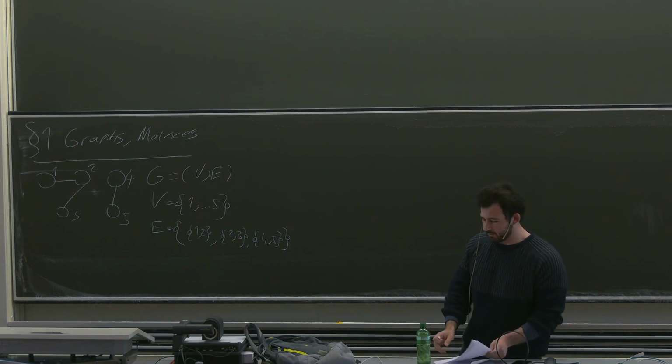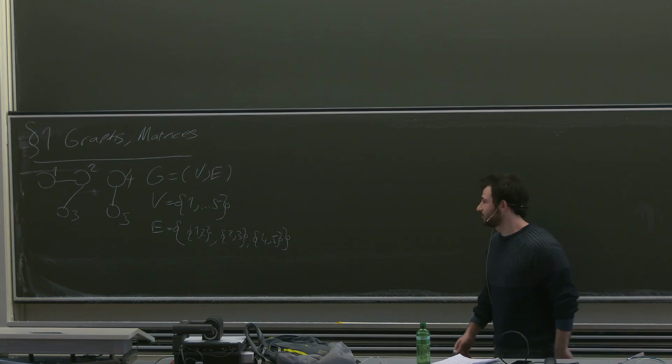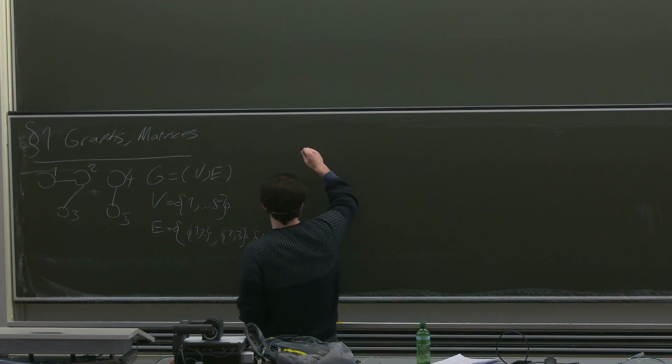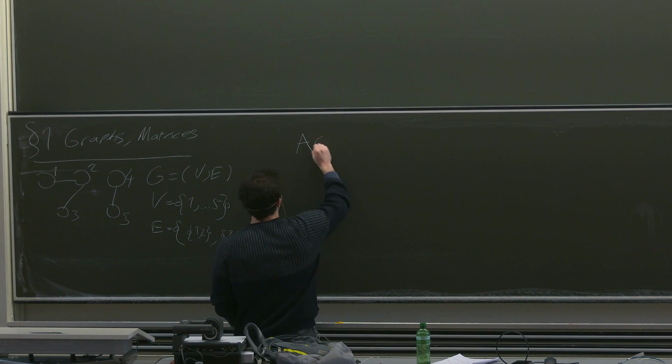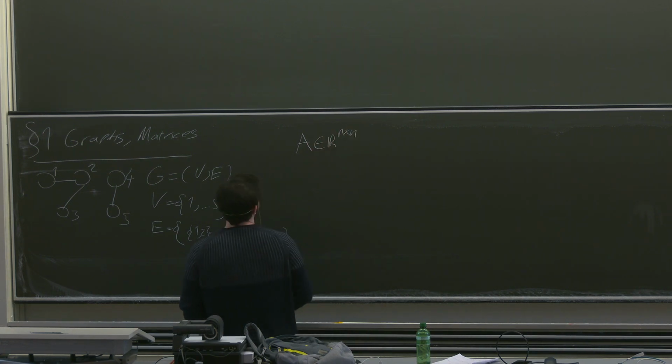So this is a graph, and as promised, I said I will do something with matrices. Now we're going to attach some matrices to this graph. The first matrix I would like to attach is called the adjacency matrix. We'll denote it by A, and it's going to live in R^(n×n).